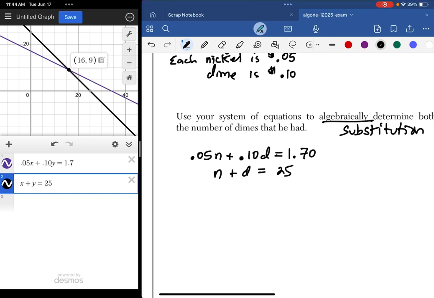Here, I'll do it both ways. If I did it with substitution, N plus D is equal to 25, I'd isolate one of the variables. So instead of N plus D, I'll get rid of the D, for example.